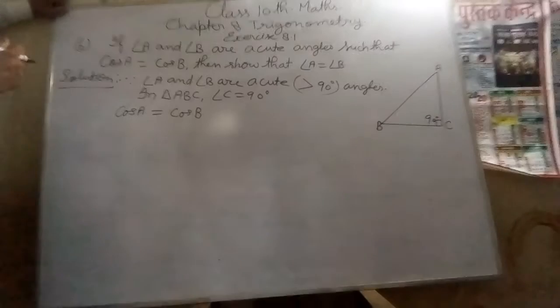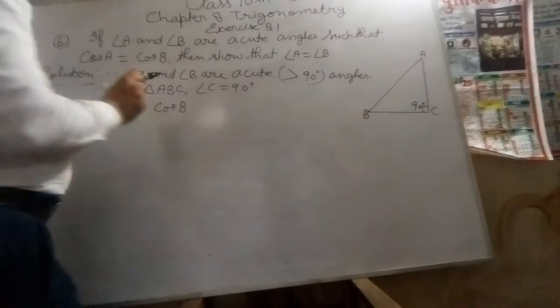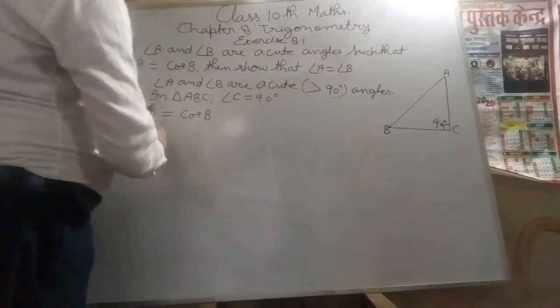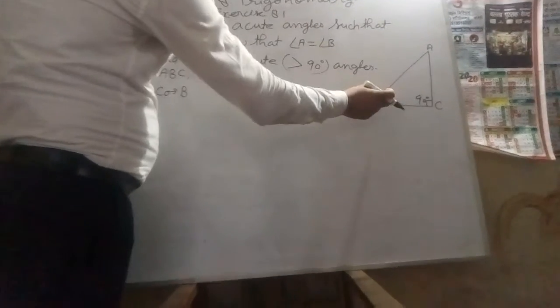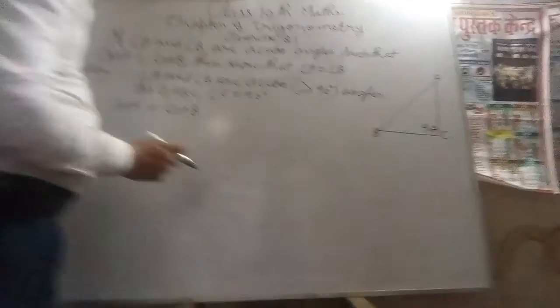Put the value of cos A and cos B according to this triangle.